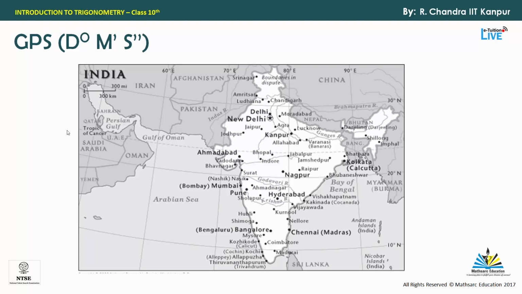As you can see, these are the latitudinal lines and these are the longitudinal lines. I am recording this from here, so you can say that Pune is less than 20 degrees at latitudinal position and more than 70 degrees at longitudinal position. That's why we were getting 18 point something as latitudinal position and 73 point something as longitudinal position.